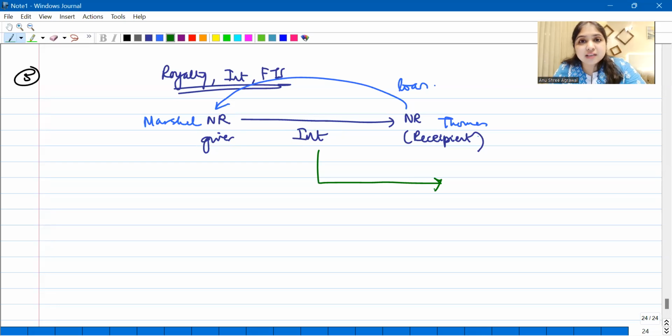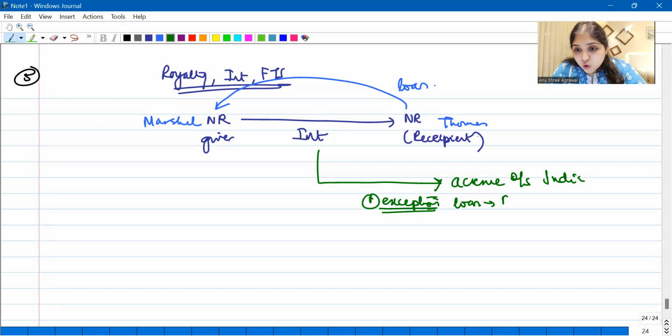What will your first answer be? Your first answer will be that this interest is going to accrue outside India. You will have only one exception. That one exception is you will check, is the loan being used for business or profession in India?